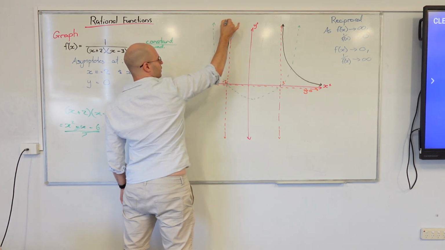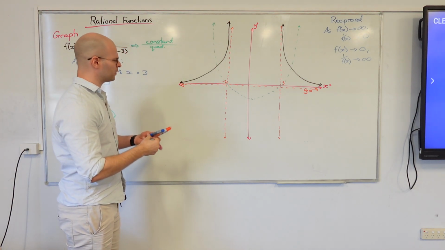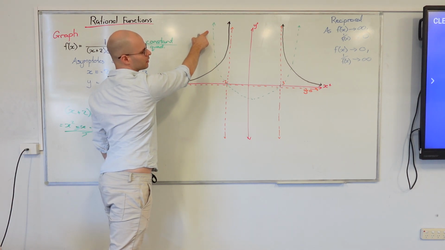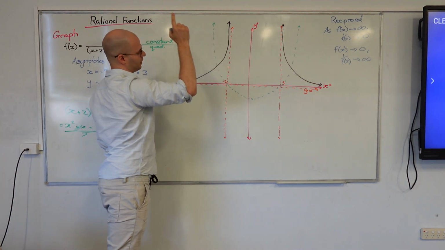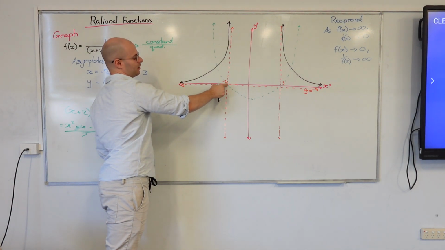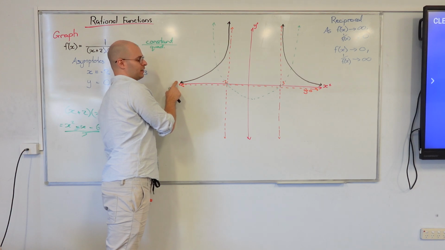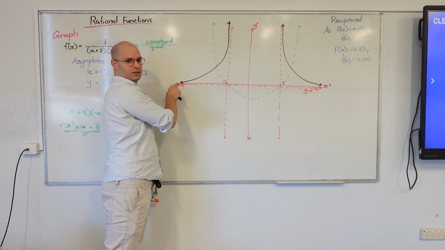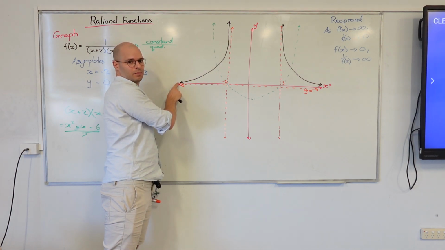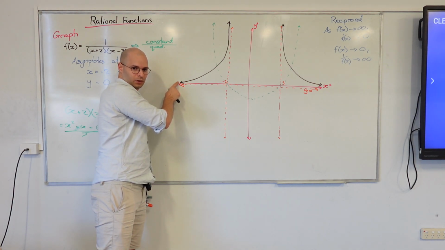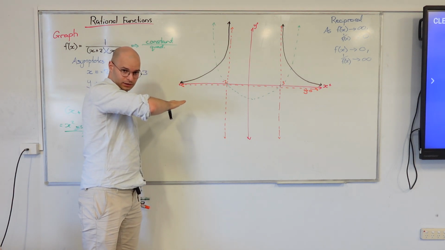Why is the symmetry like that? Because as this gets really big, it's 0 there. So think about it as we read left to right. As we're over here, the quadratic is huge. Because the quadratic has a really high value of y, this reciprocal has to be a really low value, close to 0.